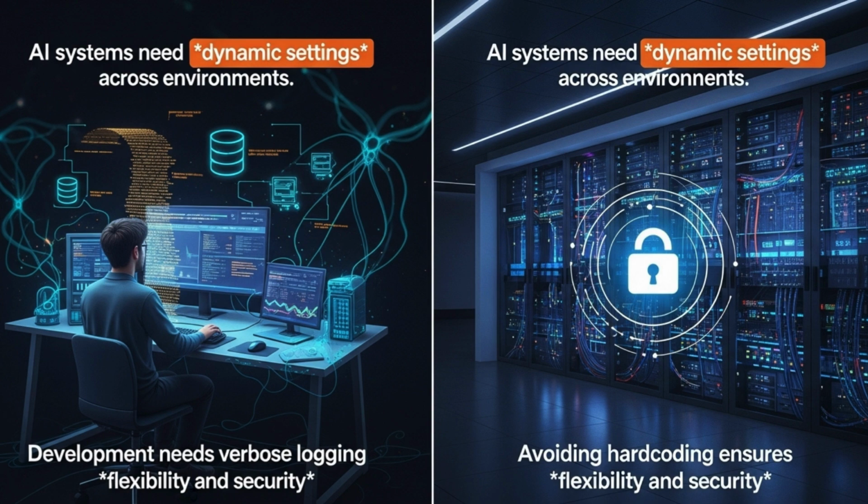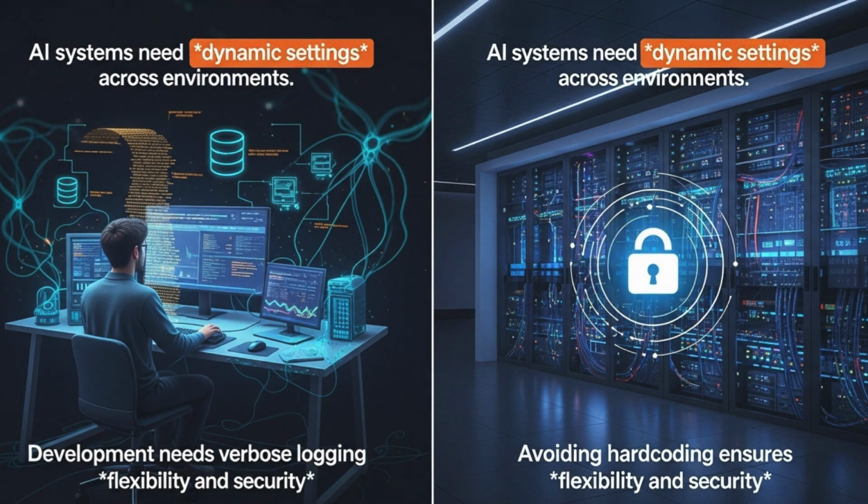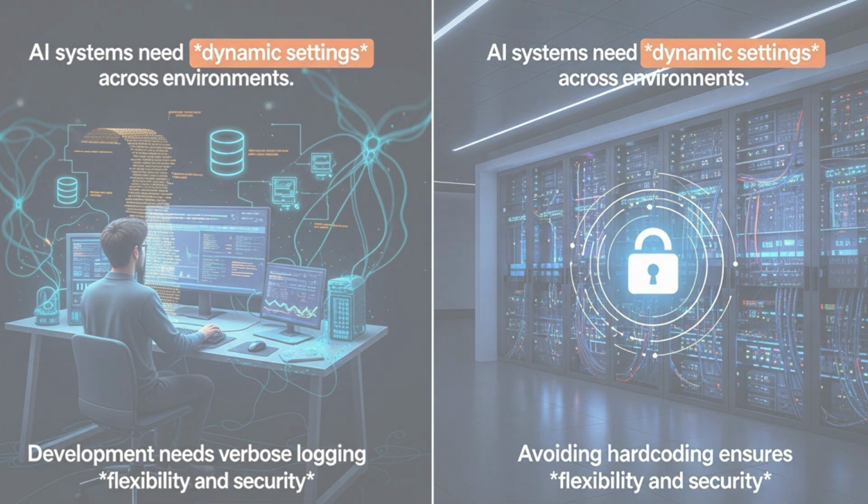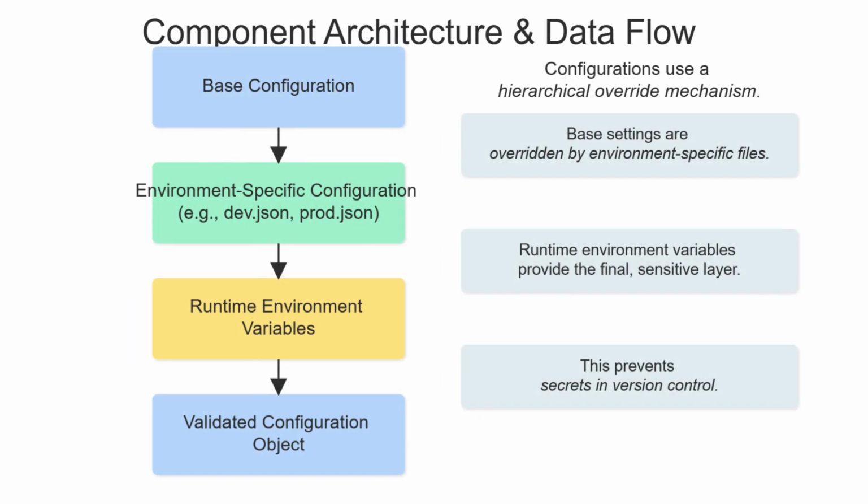Hard coding leads to brittle systems, security risks, and a nightmare for maintenance. A dynamic configuration system is paramount for both flexibility and security, allowing your system to adapt without changing a single line of code. This is where robust environment configuration truly shines.